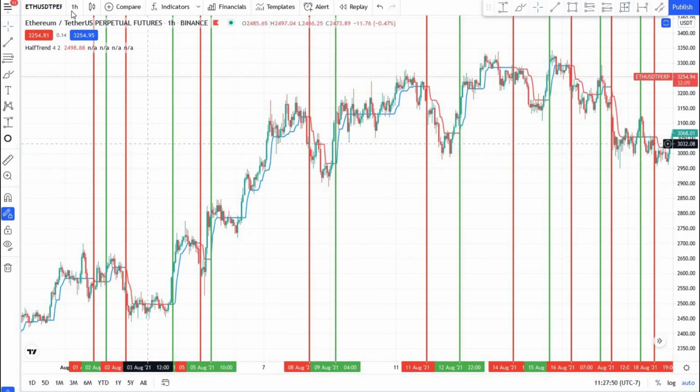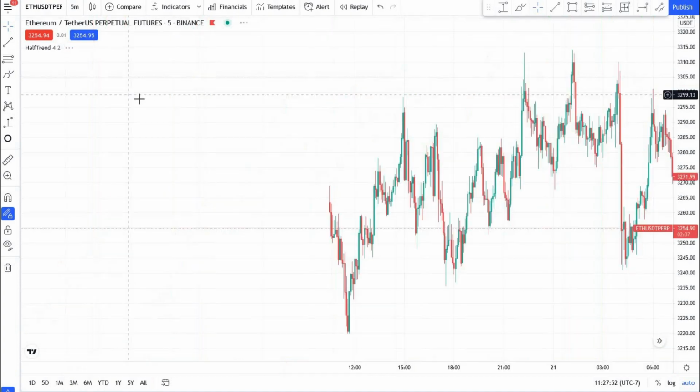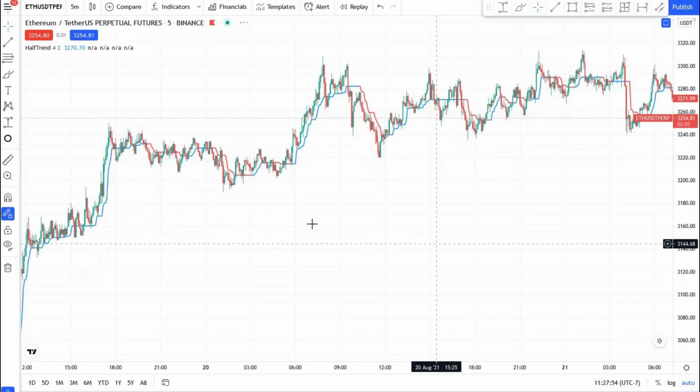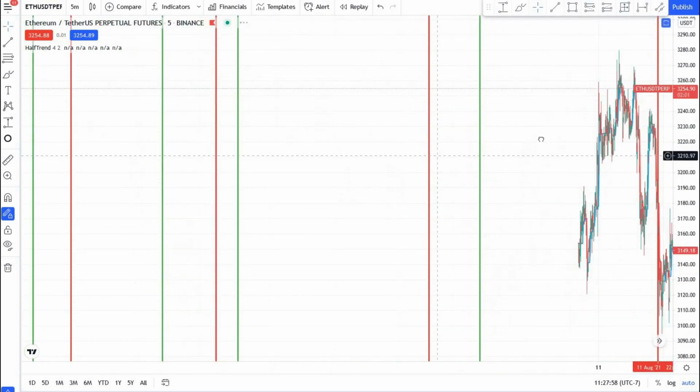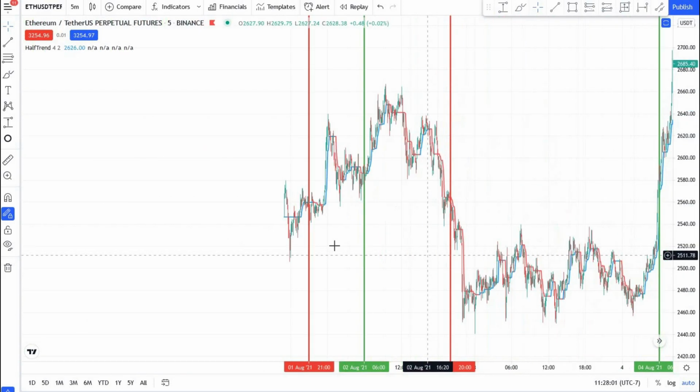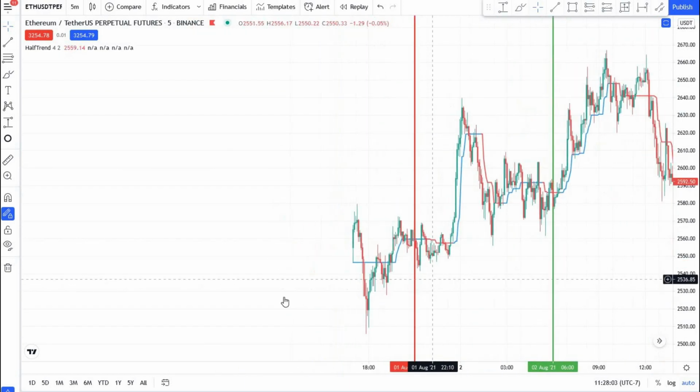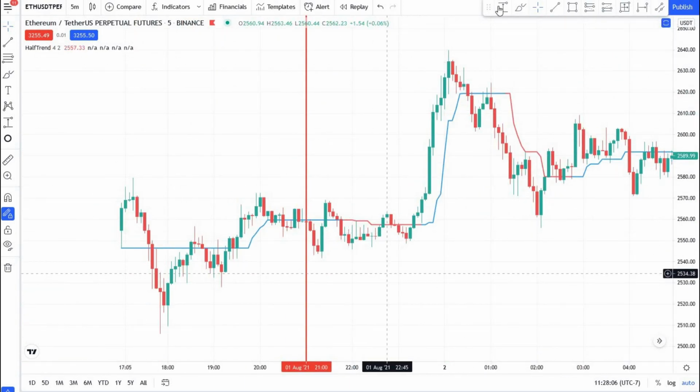So let's go to the 5-minute time frame to see what's the difference. I'm going to start from the 1st of August. I'm looking for 0.2% to be filled.